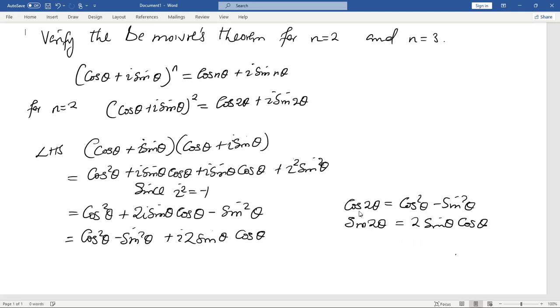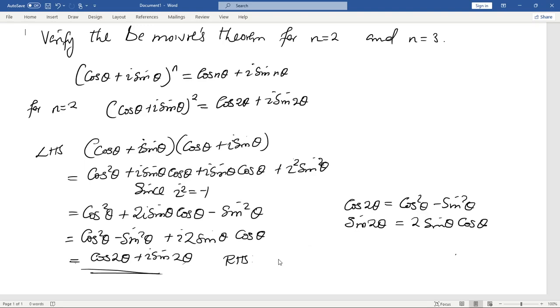So when we make substitutions into what we have here, we're simply going to have cos 2 theta plus i sin 2 theta. If you look at this, this is equal to what we have on the right hand side. Okay, so therefore we've verified De Moivre's theorem for n equals 2 here.